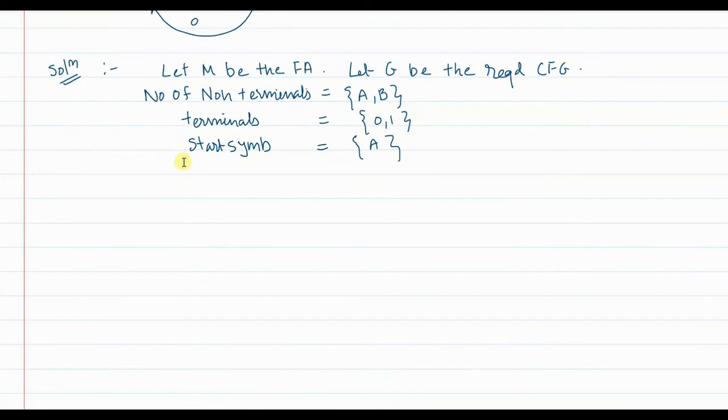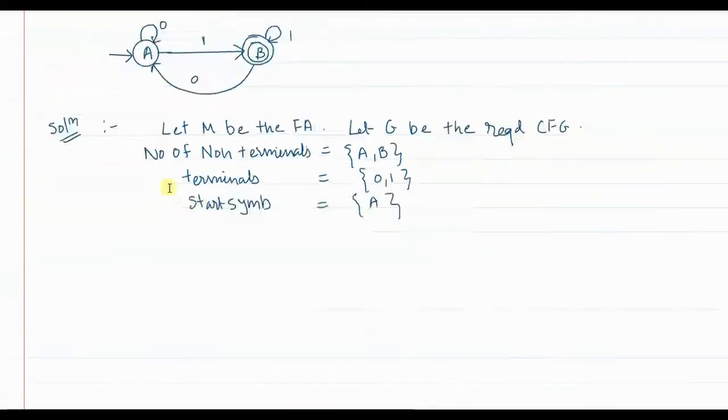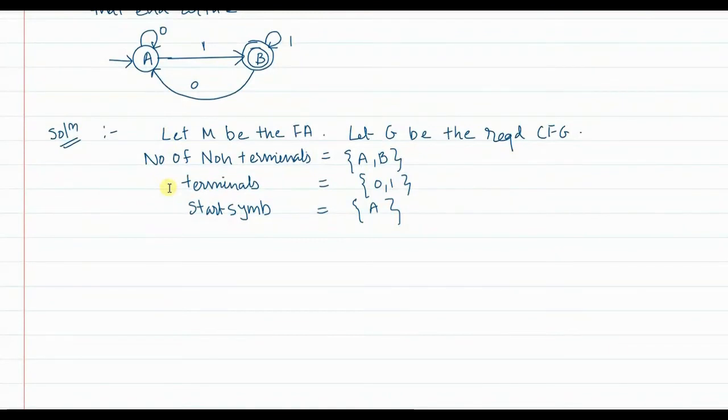Now for productions, first we will write the transitions as it is. Transition from A on reading 0, where does it go? It goes to A itself. Transition from A on reading 1, it goes to B, and notice that B is a final state.